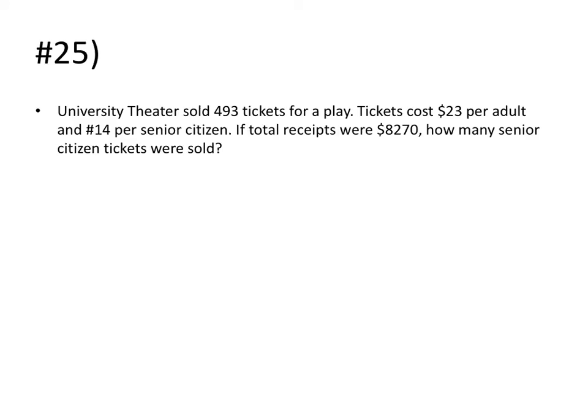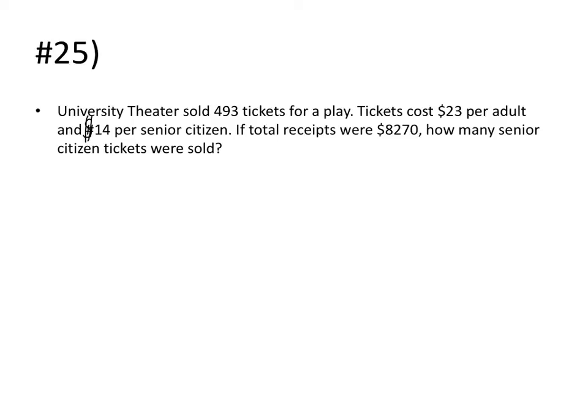Okay? So we have University Theater sold 493 tickets for a play. Tickets cost $23 per adult ticket and this should be $14 per senior ticket. If total receipts were $8,270, how many senior citizen tickets were sold? So make sure you know what they're being asked.